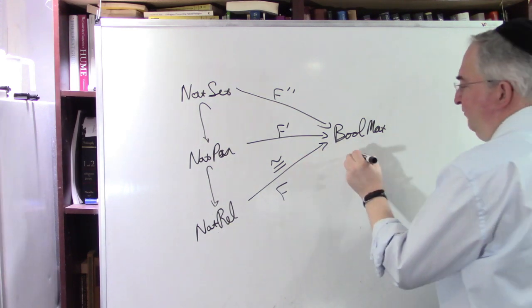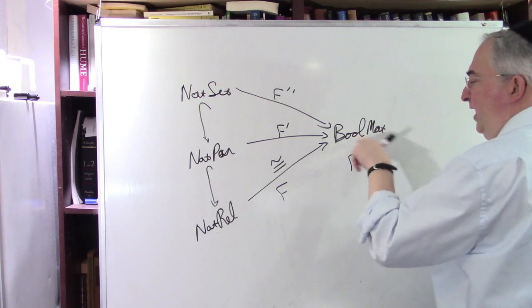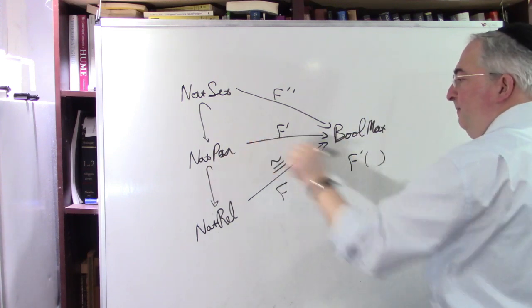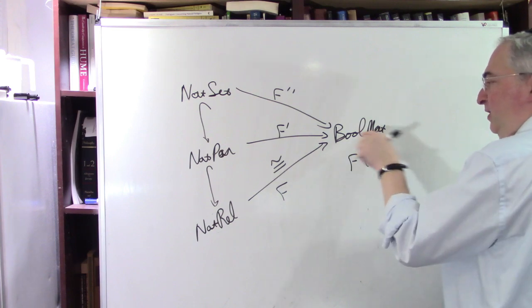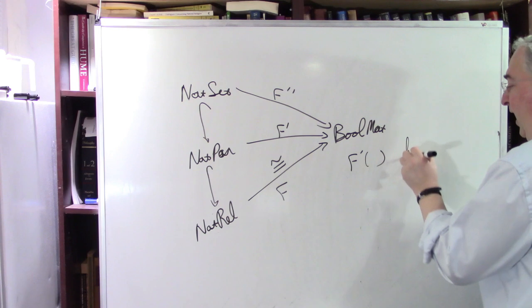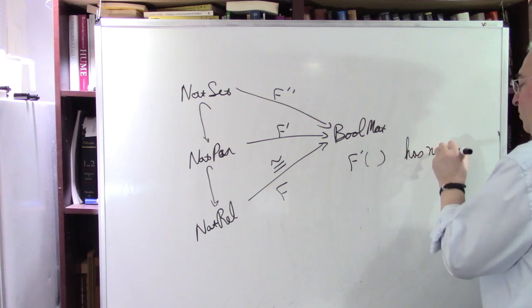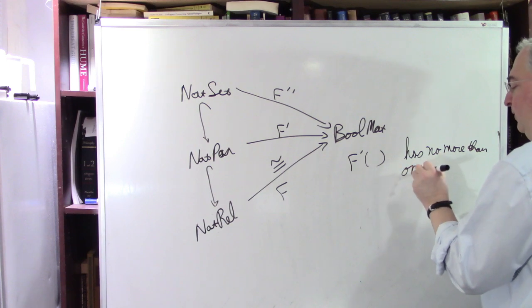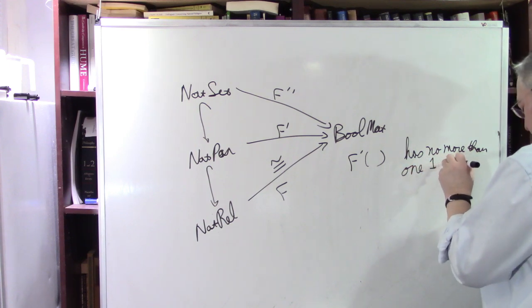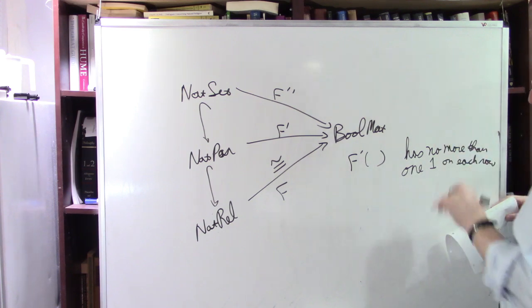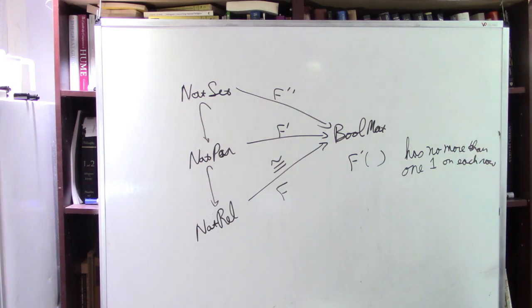So let's tell you what F prime is. F prime has the following property. Take any partial function here and move it over to this matrix. It has the following property: it has no more than one 1 on each row. Could be column. I'm confused about how I wrote it in the book, but it doesn't matter.